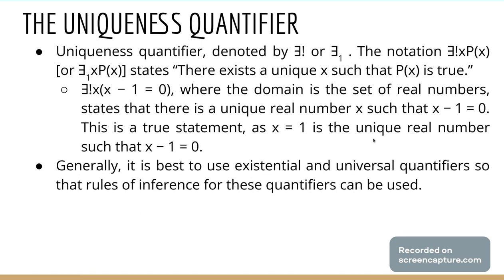So this is a special case of the existential quantifier. Normally we don't use this uniqueness quantifier. In its place, we use the existential quantifier itself because existential and universal quantifiers have got rules of inference for manipulation to show correctness and things like that. So even when uniqueness is to be applied, we will use existential.